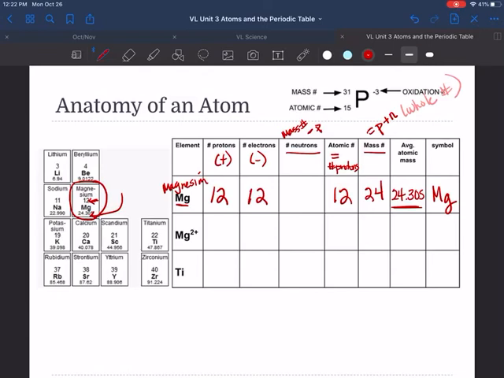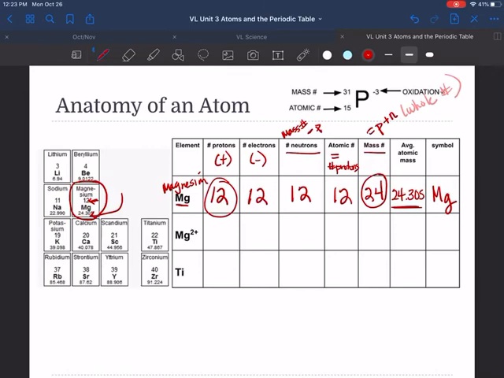We know if the average atomic mass is 24.305, there is a heavier version of magnesium that exists. Magnesium 25 has to exist, but not given any other information, you go to the average atomic mass and you round. So now that we've done that, we can figure out the neutrons because we can take our mass number of 24 and subtract 12 protons, and we would have 12 neutrons.